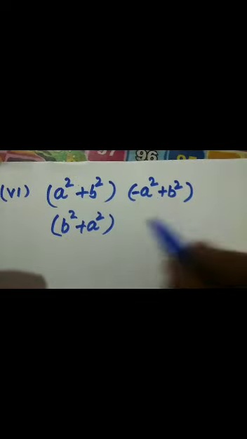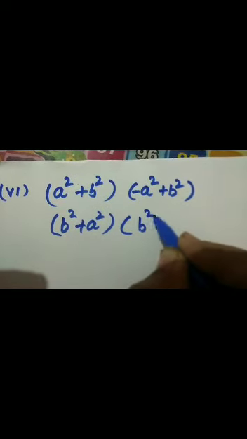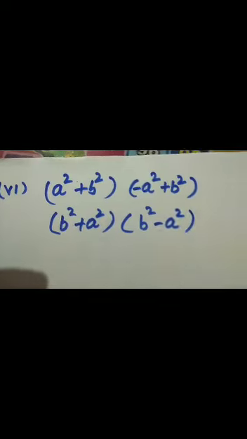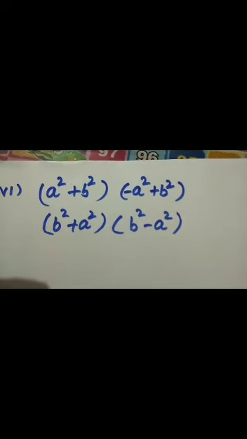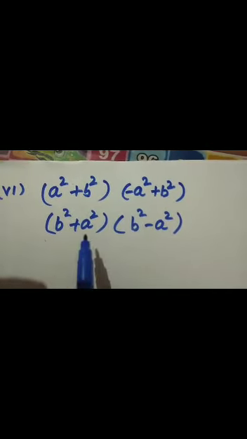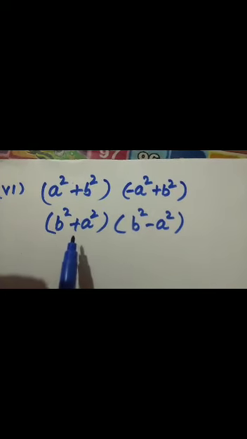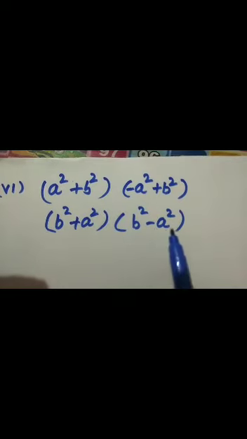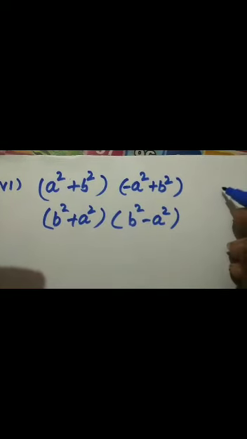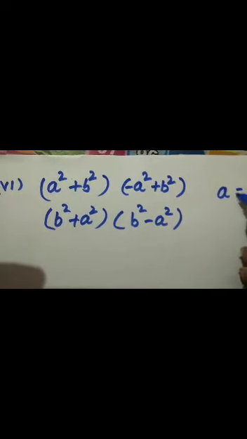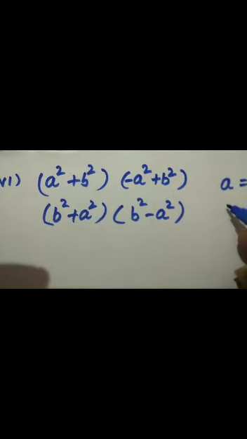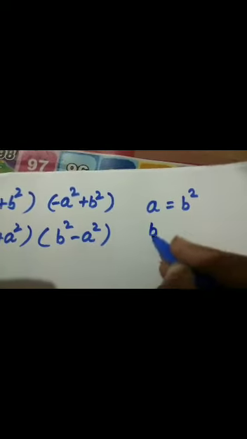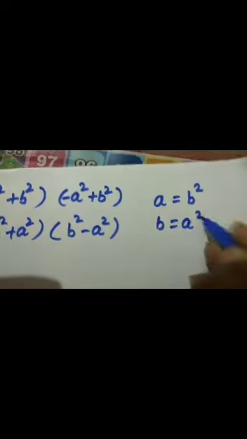Then there will be no confusion. Then b square minus a square. Now just see, we can use the identity: one binomial has a plus sign and the second binomial has a minus sign. So here the value of a is b square and the value of b is a square.